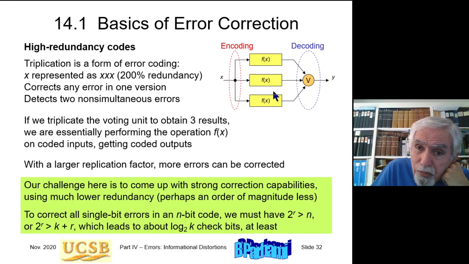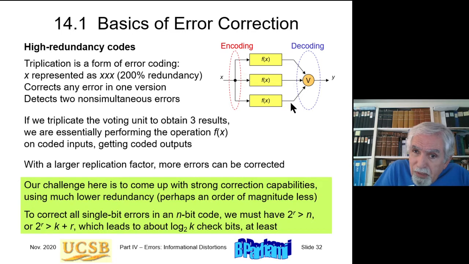When we triplicate a unit and use a voter to vote on the 3 computed results, we are essentially using a triplication code where X is encoded as 3 copies of X. So X is represented as XXX. This is 200% redundancy. Then we compute separately on each of those copies of X and then vote. The majority of these results will determine what the output will be.